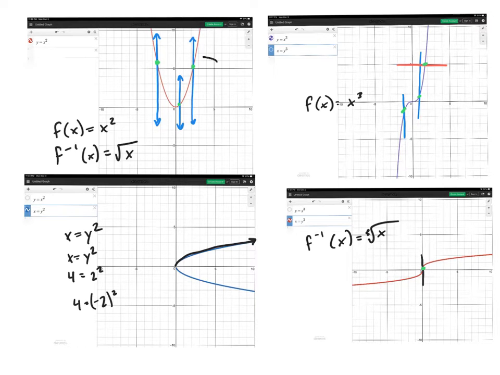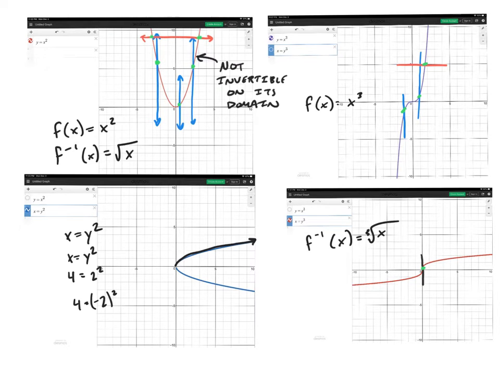So this is not invertible on its domain, because even though it passes the vertical line test, it doesn't pass the horizontal line test.